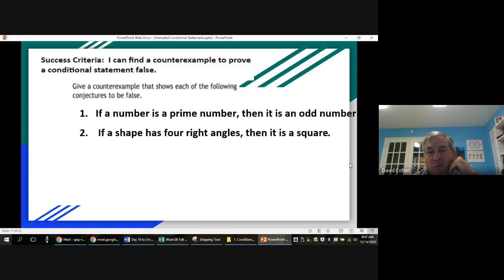If a shape has 4 right angles, then it is a square. Write down a counterexample in your notes. I'm thinking rectangle. If an animal lives in water, then it is a fish. Write down one example. I've got probably 100 in my head right now.